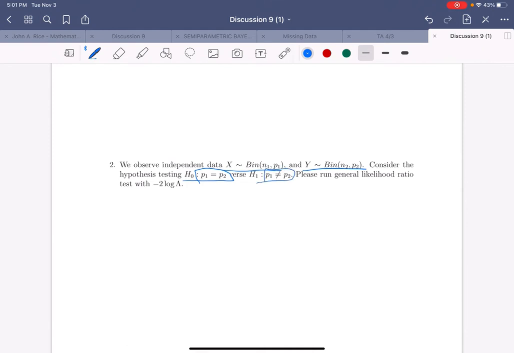And we want to run a likelihood test using the negative 2 log likelihood ratio. We know from the theory that this follows the chi-square distribution with degrees of freedom the dimension of Theta minus the dimension of Theta 0.